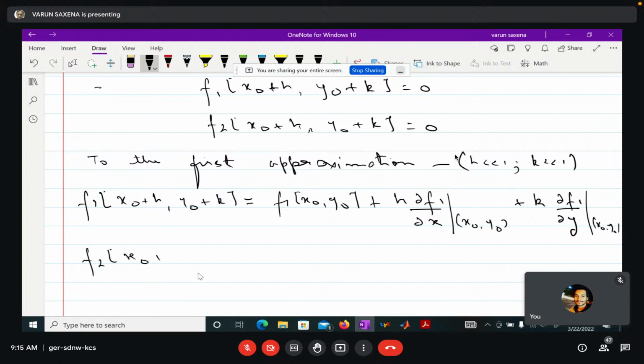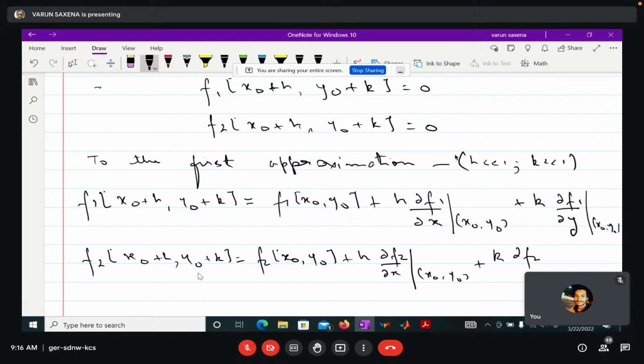Similarly, f2(x naught plus h, y naught plus k) can be f2(x naught, y naught) plus h del f2 over del x at x0 y0 plus k del f2 over del y at x0 y0.